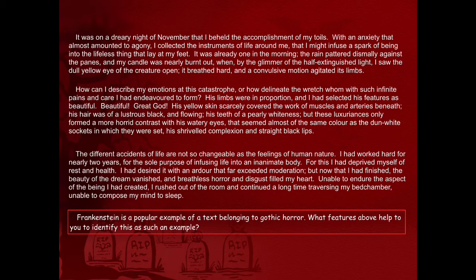But now that I had finished, the beauty of the dream vanished, and breathless horror and disgust filled my heart. Unable to endure the aspect of the being I had created, I rushed out of the room and continued a long time traversing my bedchamber, unable to compose my mind to sleep.